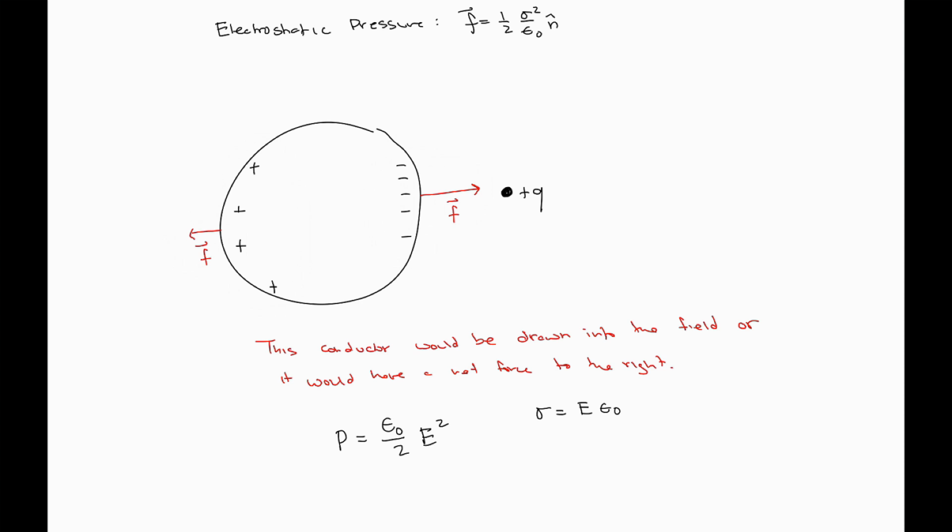This basically tells you, if I look at this equation here for the pressure, the pressure is going to be greater on this side than it would be on that side because E1 is greater than E2.